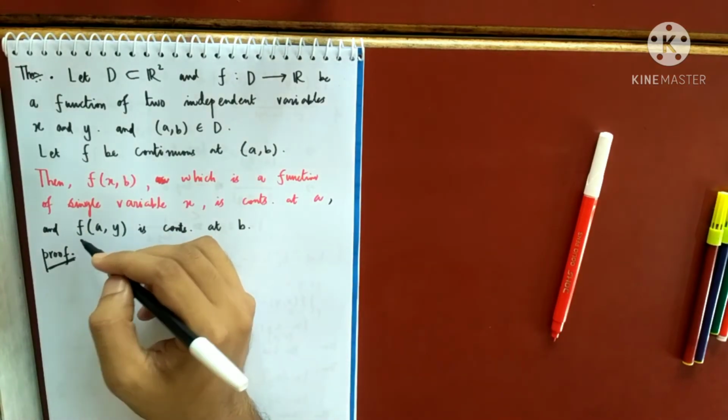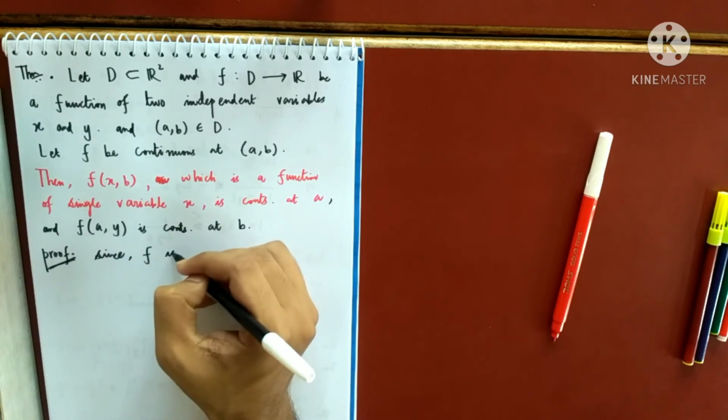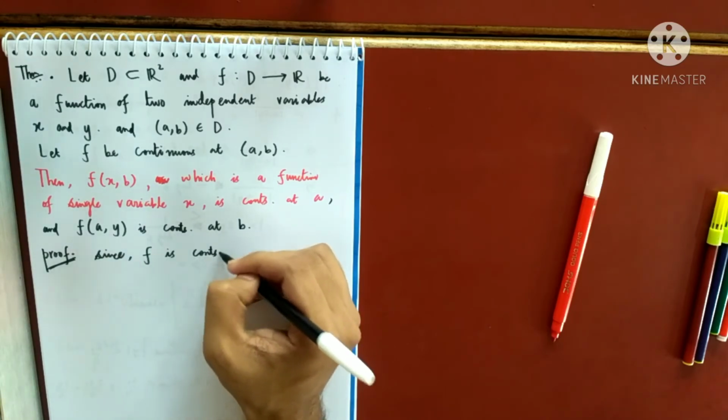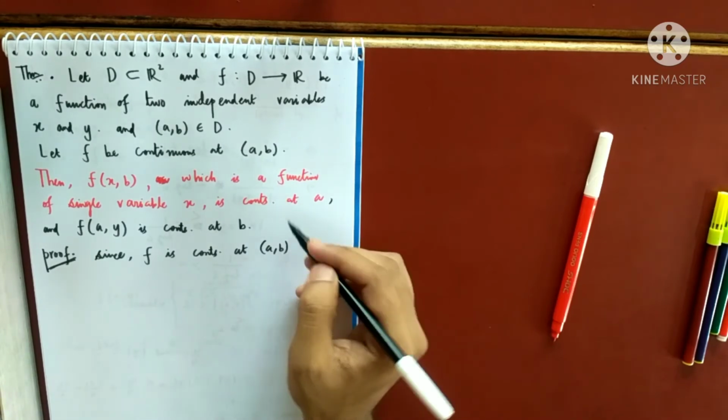Since f is continuous at (a, b), use the epsilon-delta definition.